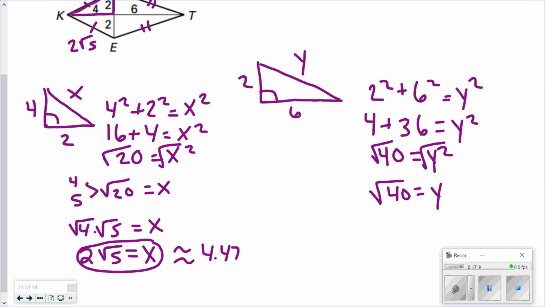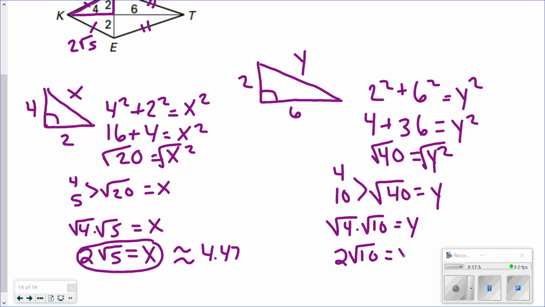We need to simplify this into simplest radical form. So which perfect square number is divisible by 40? It would be 4, and we know 4 times 10 is 40. So I can change the square root of 40 to the square root of 4 times the square root of 10. We know that's equal to y. The square root of 4 simplifies to 2. Square root of 10 stays as the square root of 10.